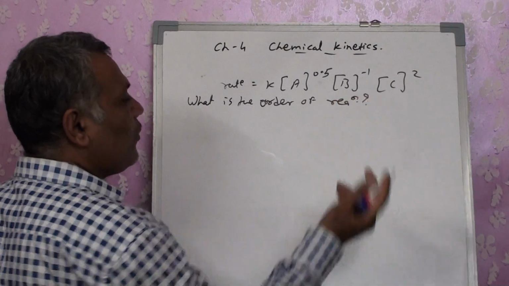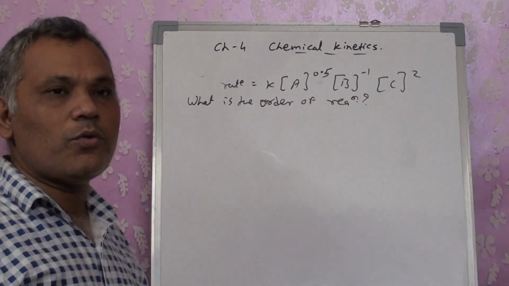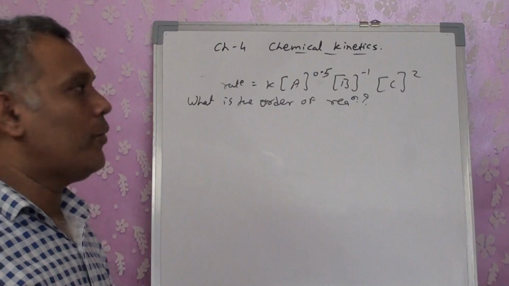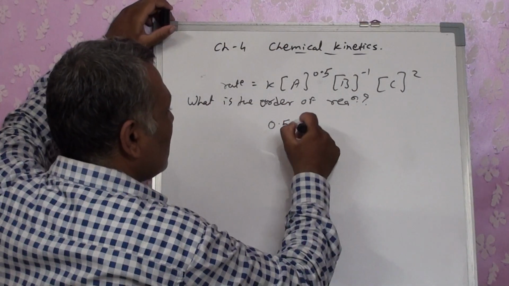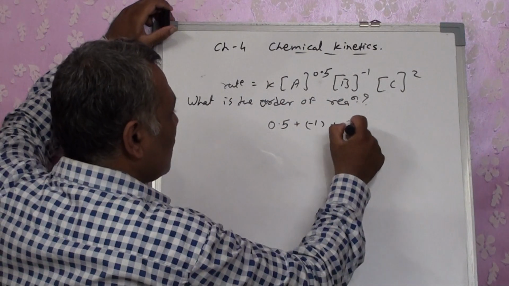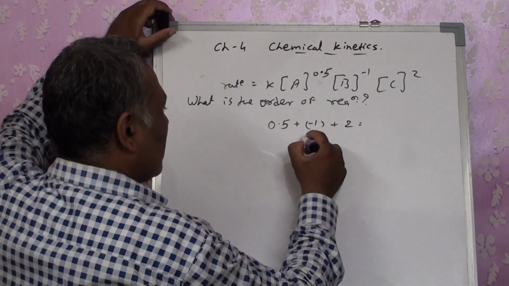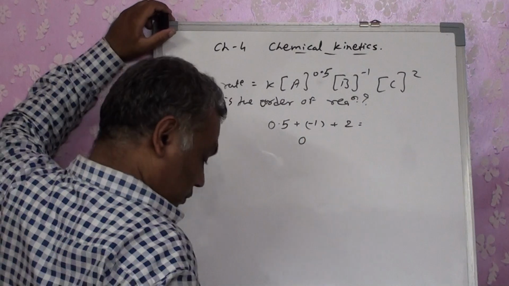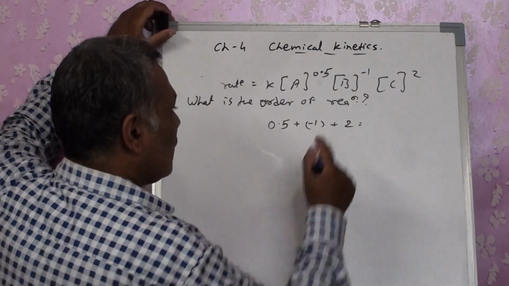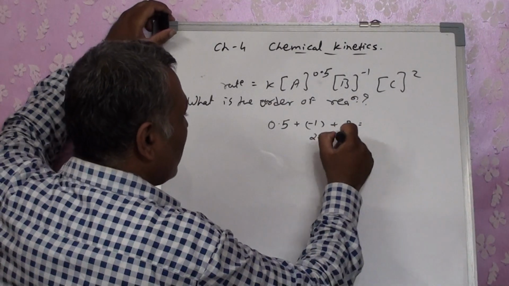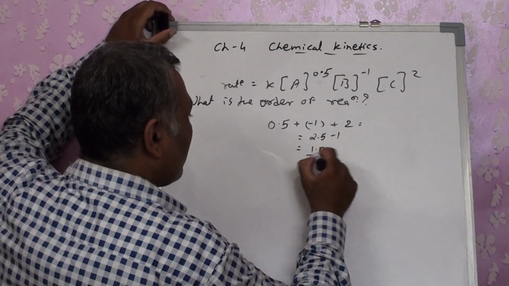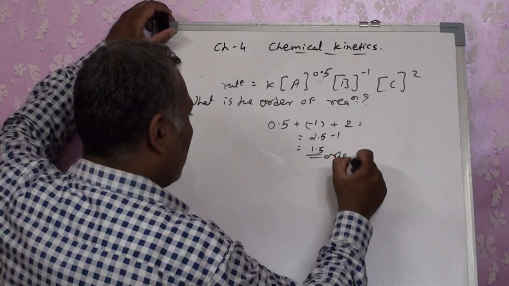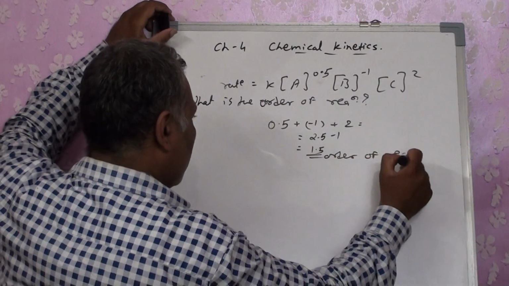Now in this case, what you have to do is nothing, no hesitation, no problem, it's already given to me. 0.5 minus 1 plus 2, that is 2.5 minus 1, we will get 1.5 as the order of reaction.